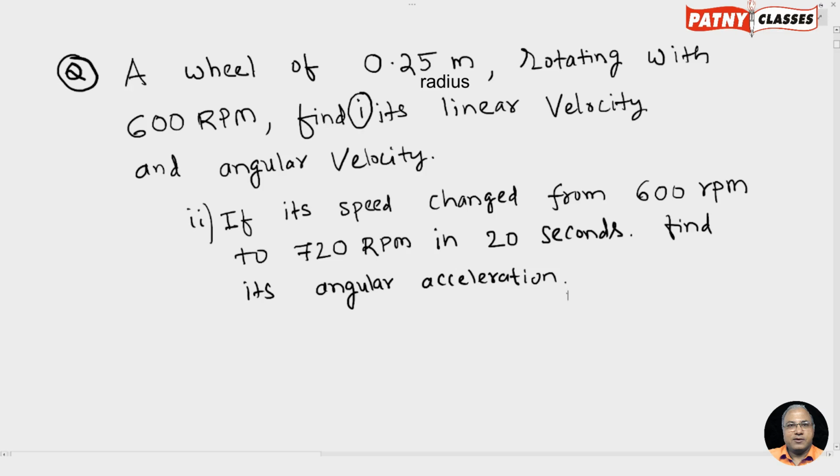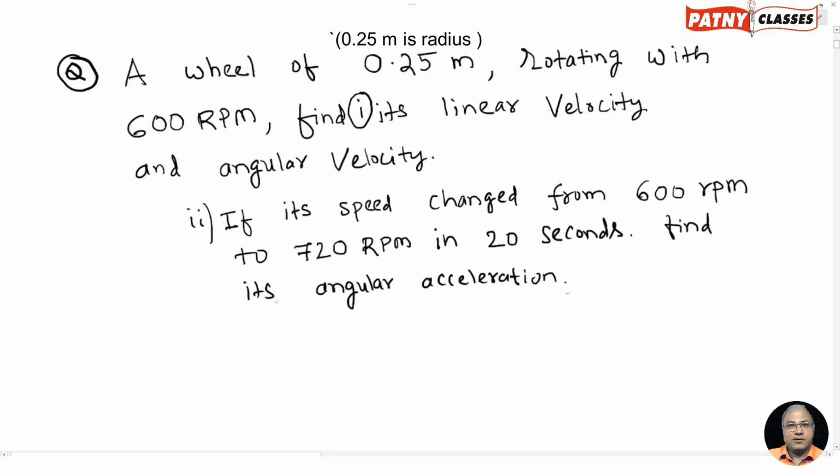So here is the question: a wheel of radius 0.25 meters is rotating at 600 rpm. Find its linear velocity and angular velocity. And second, if its speed changes from 600 rpm to 720 rpm in 20 seconds, find its angular acceleration.